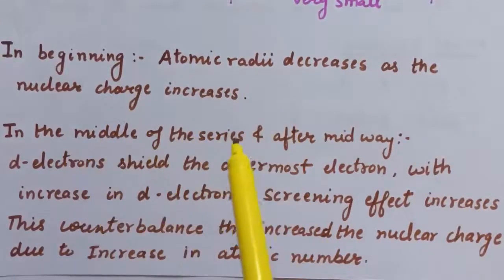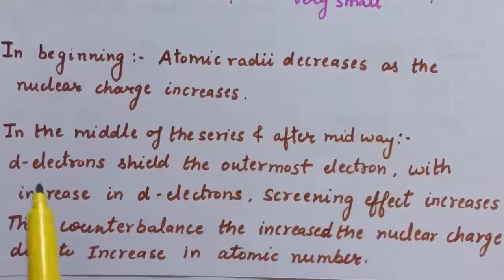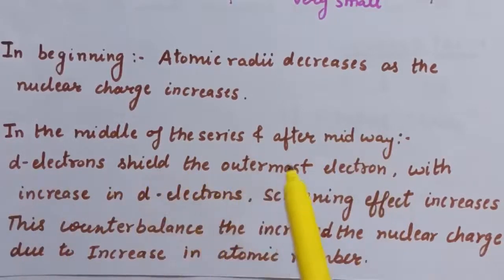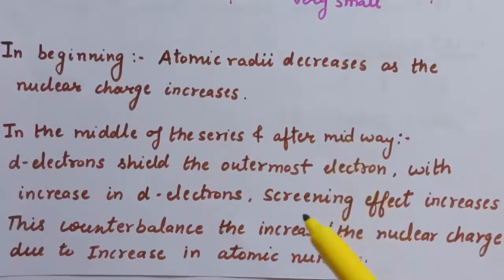So you can explain that in the beginning of 3D series, atomic radii decreases as the nuclear charge increases. In the middle of the series and after the midway, d electron shields the outermost electron. With increase in d electrons, screening effect increases, and this counterbalances the increased nuclear charge due to increase in atomic number, and that is why the decrease is very small.